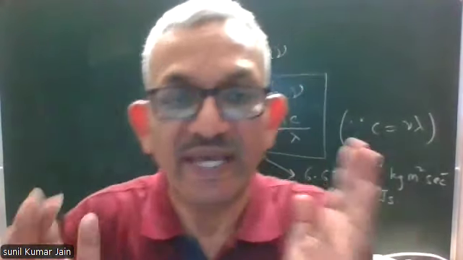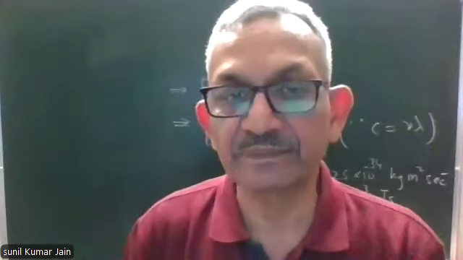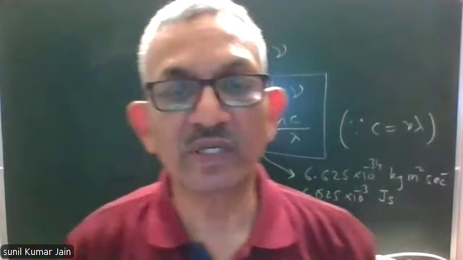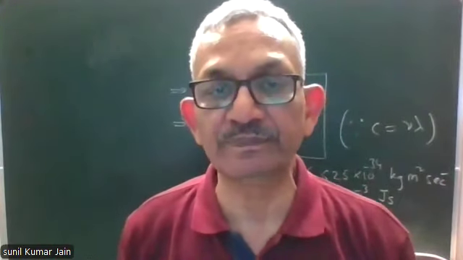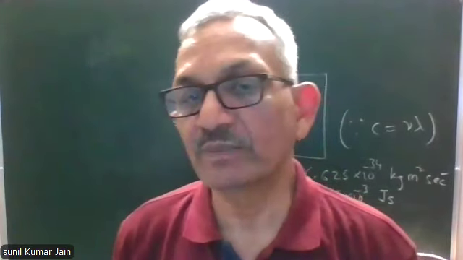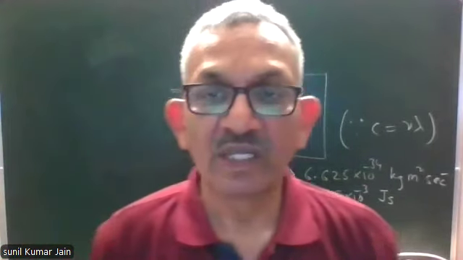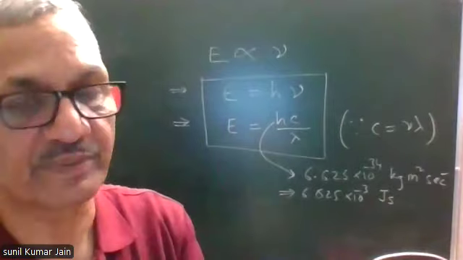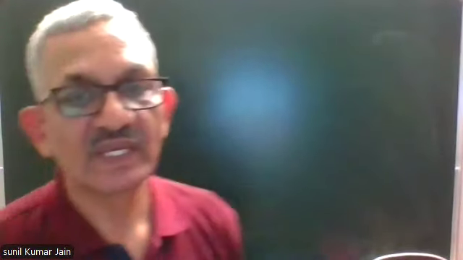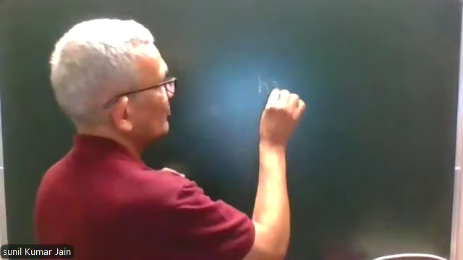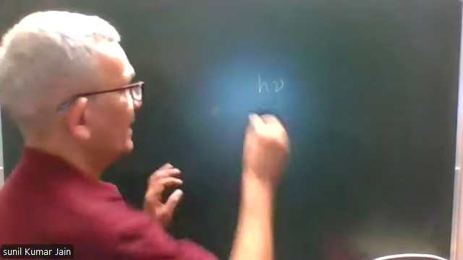Write down. Next paragraph. According to Planck, a body can emit or absorb whole number quanta, not fraction, whole number quanta, so that the total energy emitted or absorbed by a body is a whole number multiple of h nu and hc by lambda.